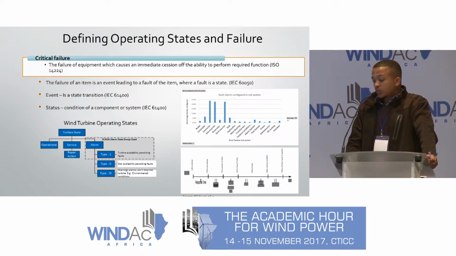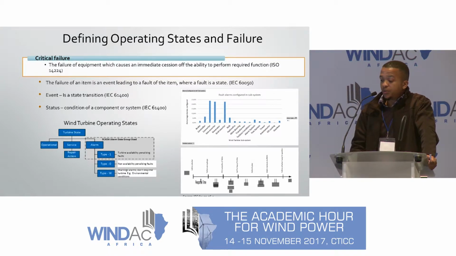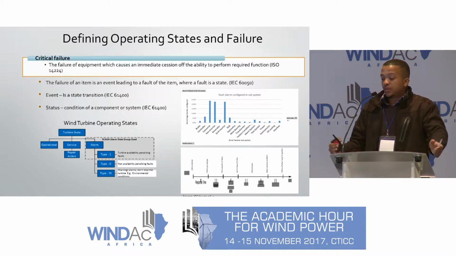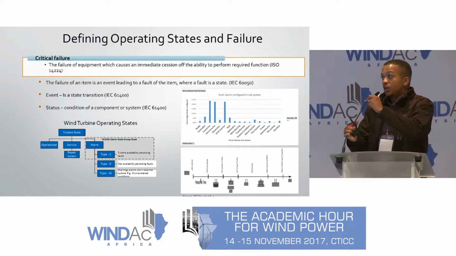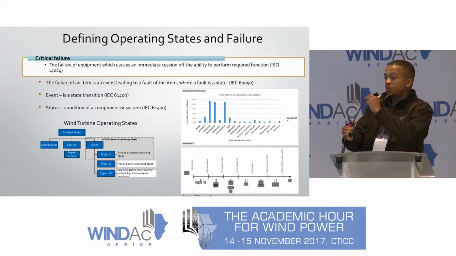So critical failure is basically the failure of an equipment that causes the immediate cessation of the ability of the system to perform its required function. Based on the SCADA alarm data that was available, this had to be determined.